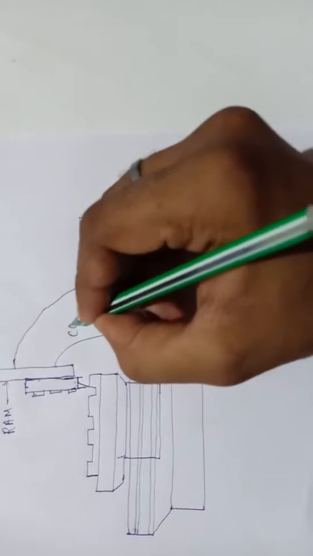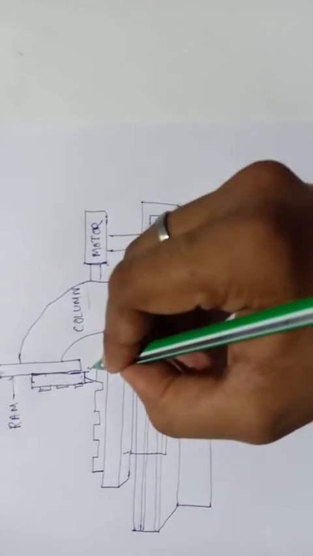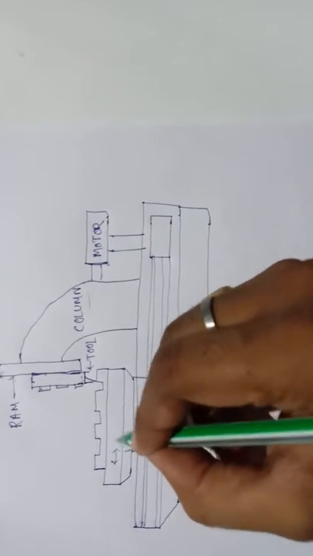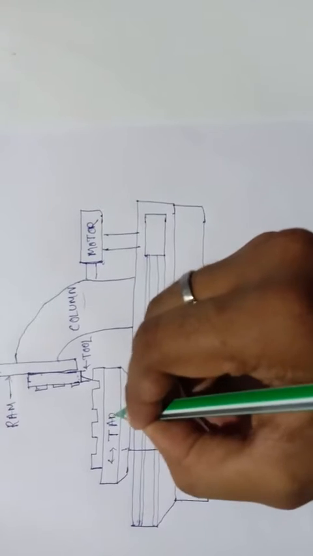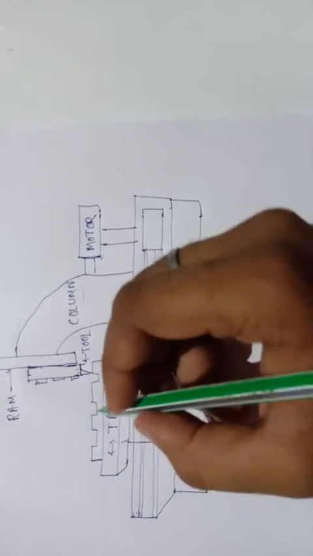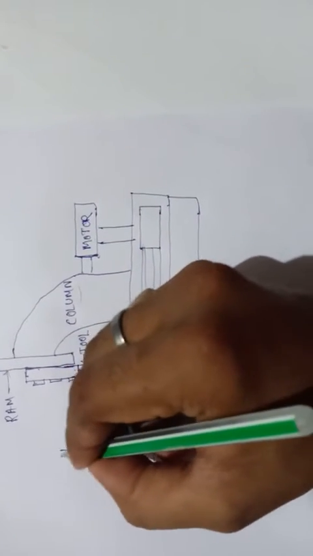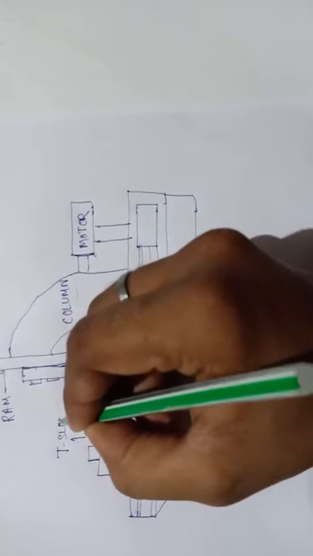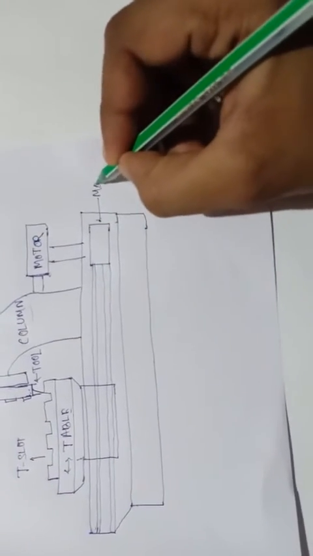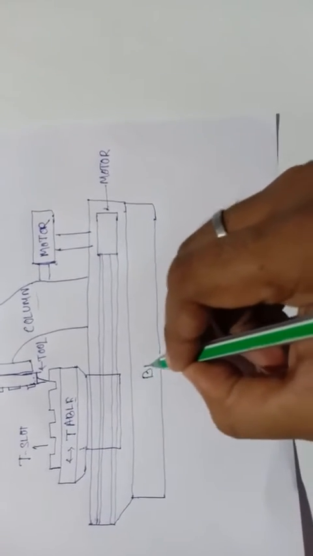This one is called the column. This one is where we put the tool. This one is the table, and this one is the T-slot. Here also the motor. This one is called the base.